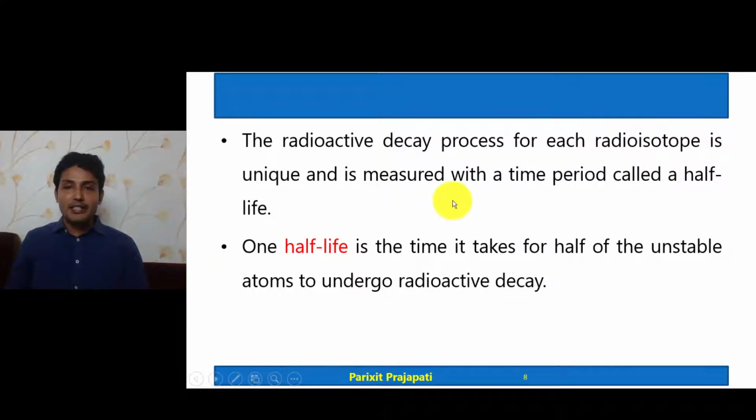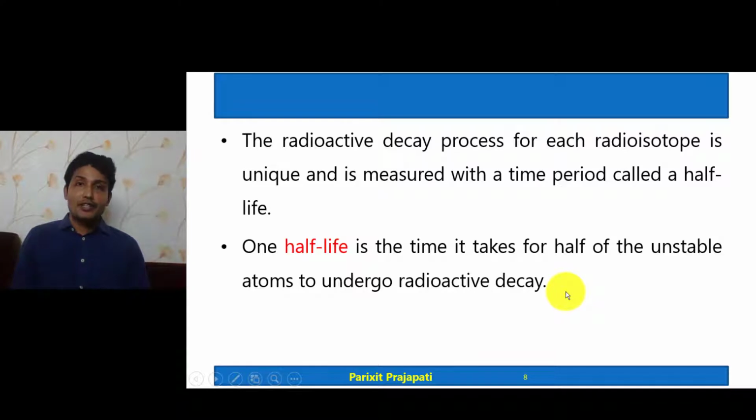And how is it measured? It is measured with reference to a time period, and that time period is known as half-life. So different radioisotopes can be compared with reference to their half-life. Now, what is half-life? One half-life is the time it takes for half of the unstable atoms to undergo radioactive decay.